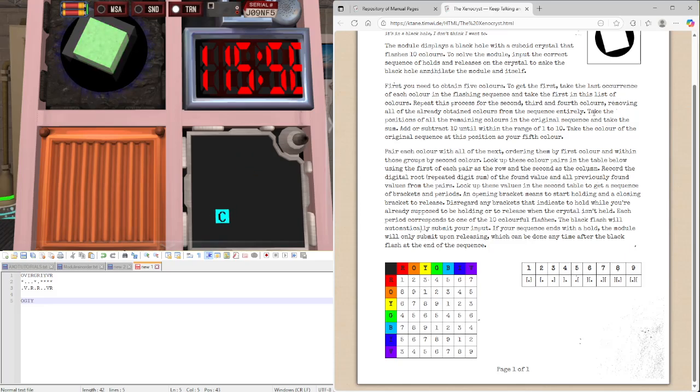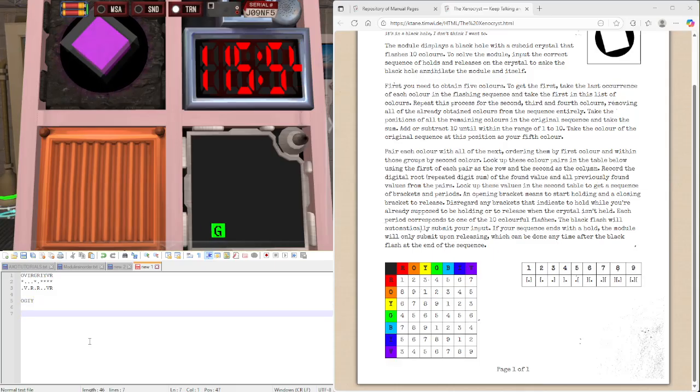Here's all the remaining colours in the original sequence. So that's 2 plus 4 plus 6 plus 9 plus 10.